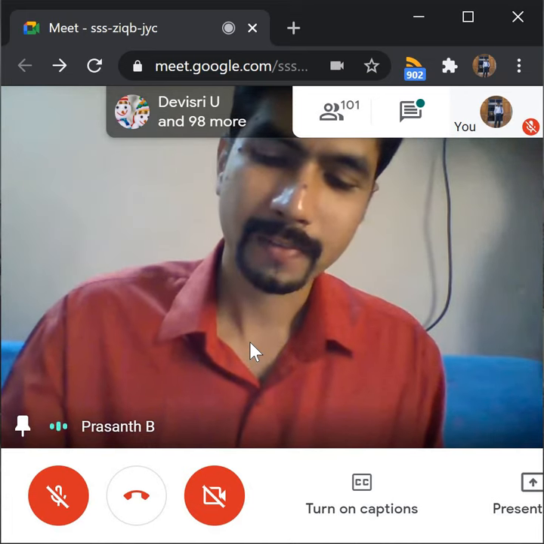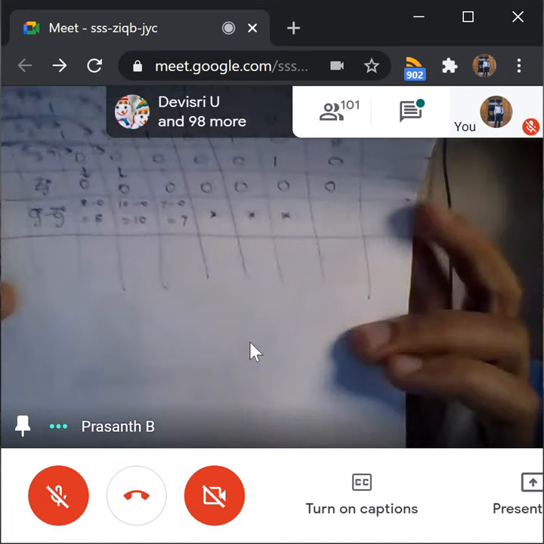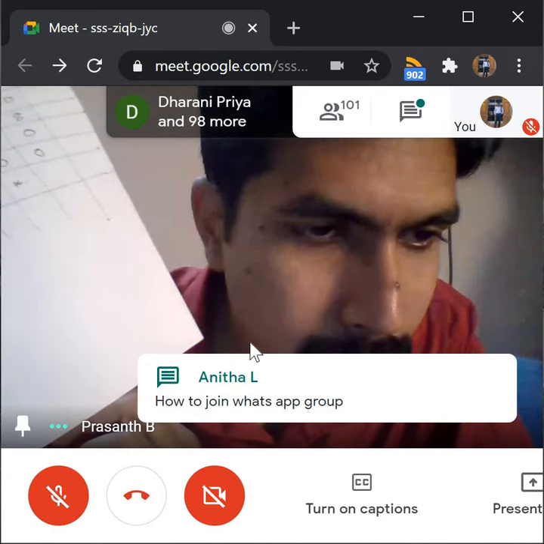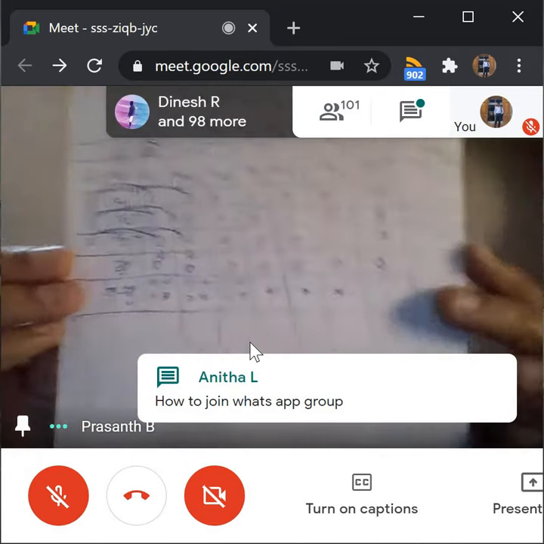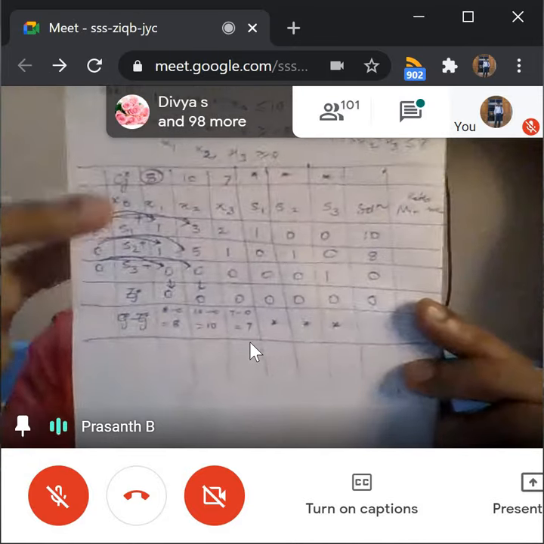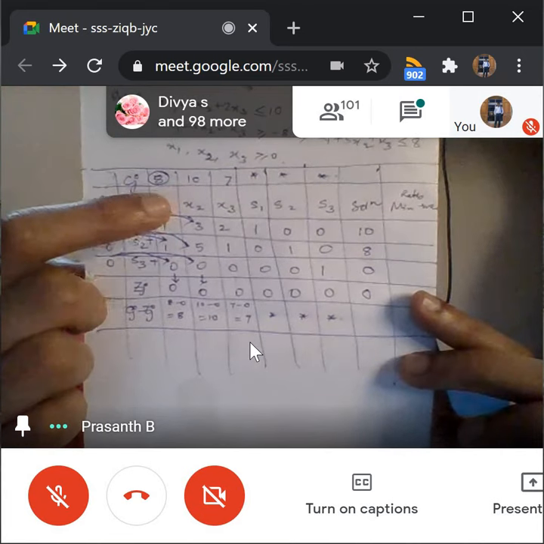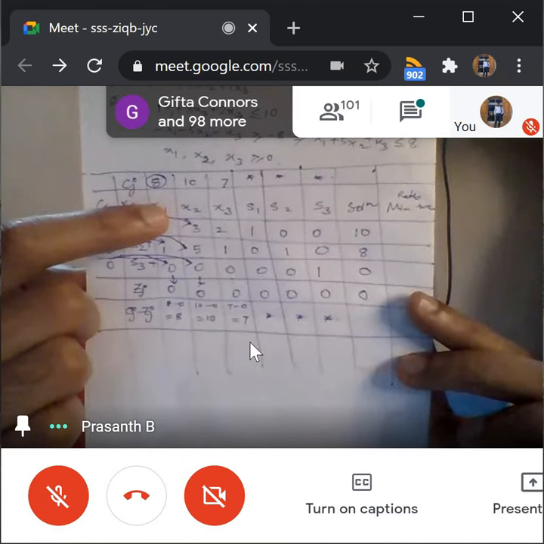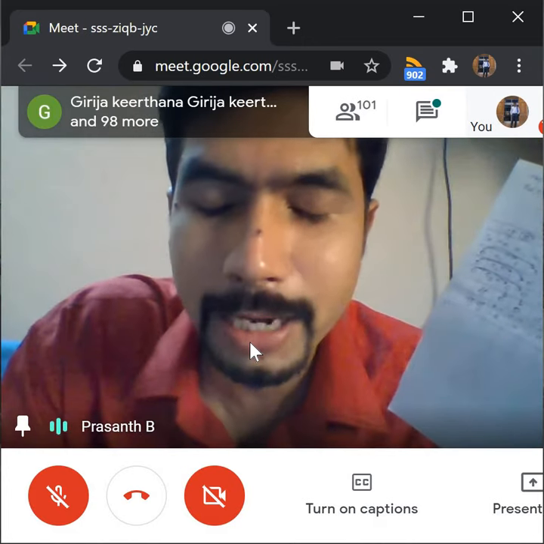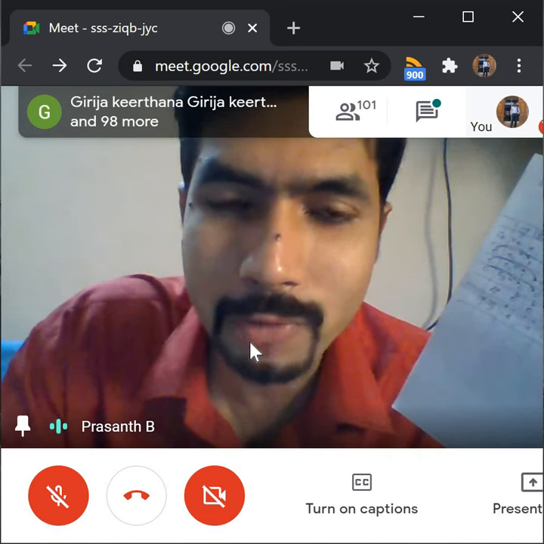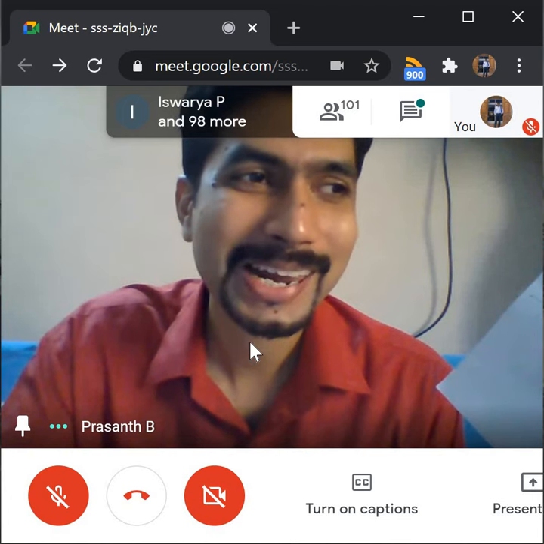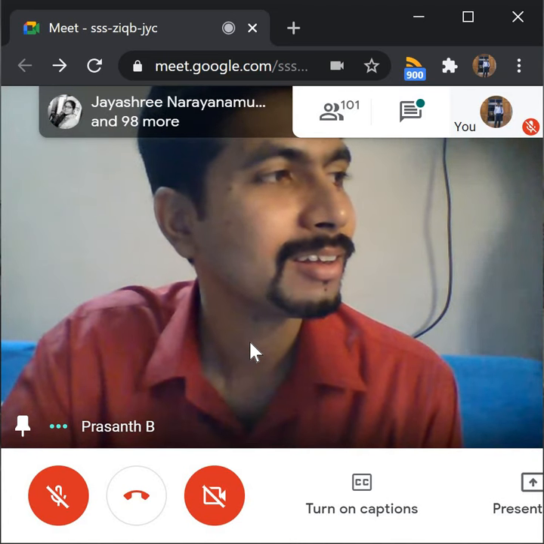Sir, can you show the table once again? Can you tell from where the Cj values come, sir? Cj value is on the top. Cj value is basically the coefficients of the objective function. 8, 10, and 7.